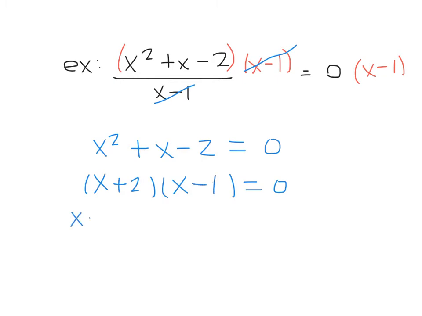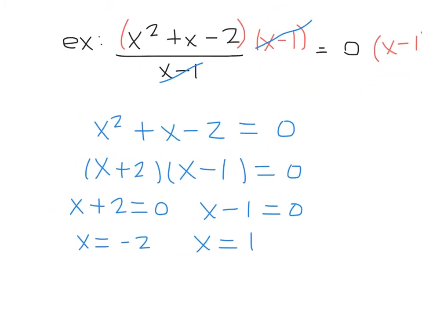Okay, we set both factors equal to 0 and solve for x. And we end up with x equal to negative 2 and x equal to 1. All right, now these are answers and they are correct answers, but we want to check them back in the original equation to make sure that they are valid solutions.